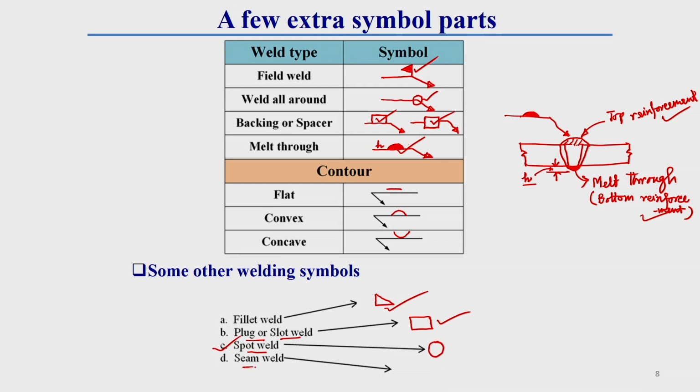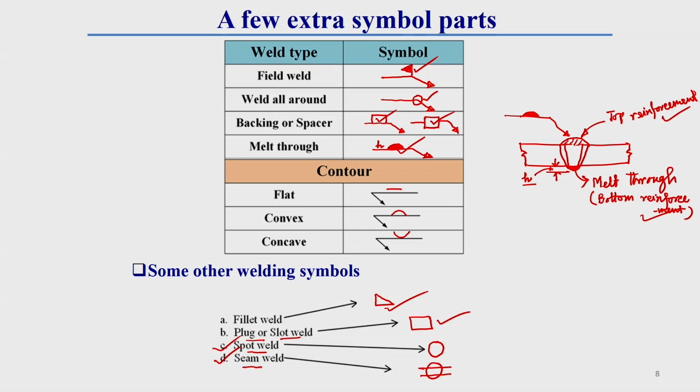If it is seam welding, then this welding symbol is represented by a circular shape with two horizontal lines. So, these are different important weld symbols used in the general welding industry or welding technology.